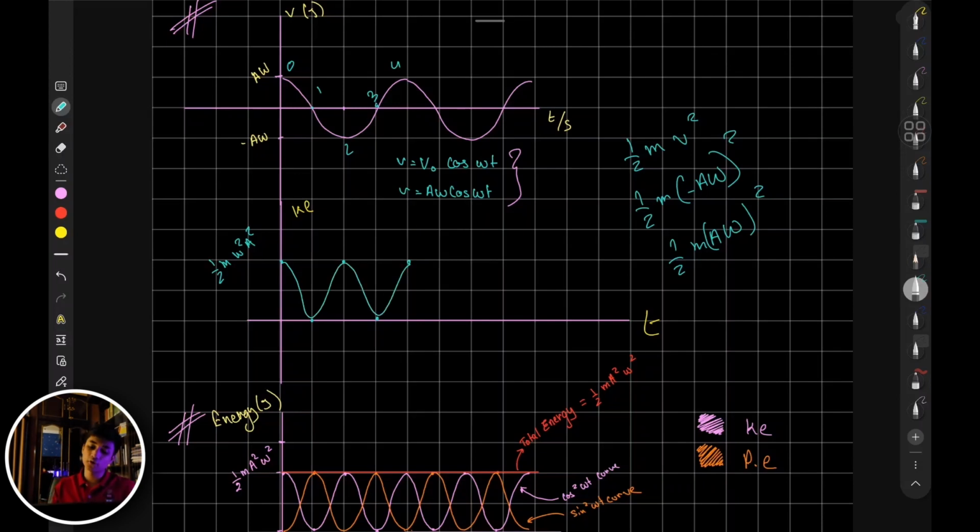Now, if you're good at trigonometry, you should already understand that this is actually a curve that is synonymous to a cos square curve. This is the curve that you get when you plot cos square x. Right. So how do we know that?